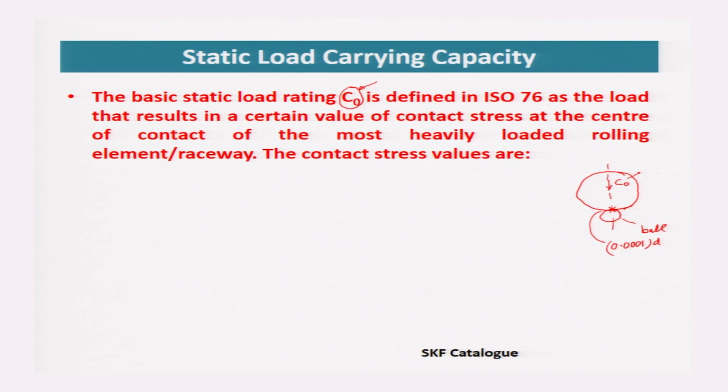So, the basic static load rating C0 is defined in ISO 76 as the load that results in a certain value of contact stress at the center of contact of the most heavily loaded rolling element and raceway. The contact stress values are important because this is the point of contact, and we know that at the point of contact the Hertzian stresses act.